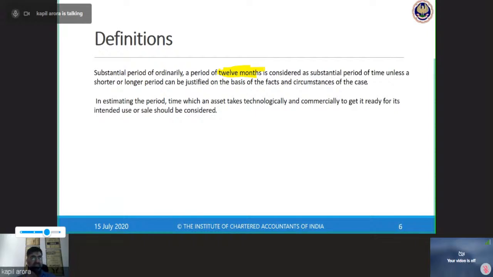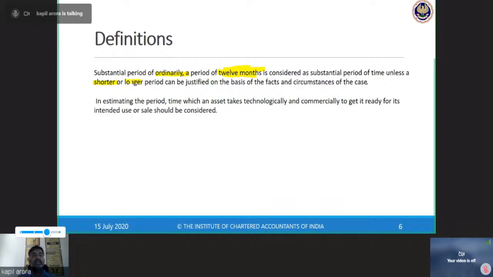However, it says substantial period of time, ordinarily a 12-month period. But there could be a case when instead of 12 months you can consider a shorter period, maybe 11 months, or a longer period, maybe 15 months or 16 months or 2 years.